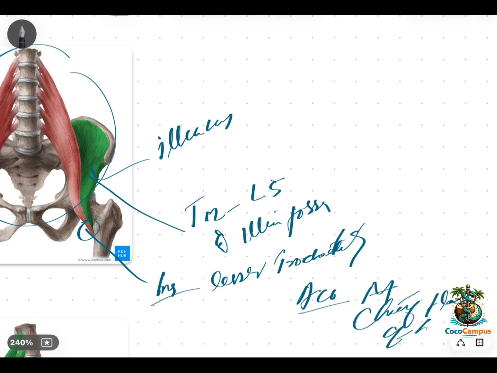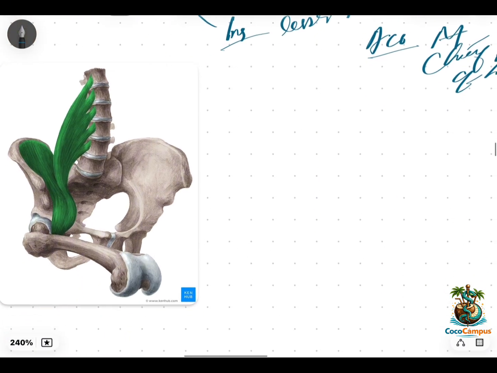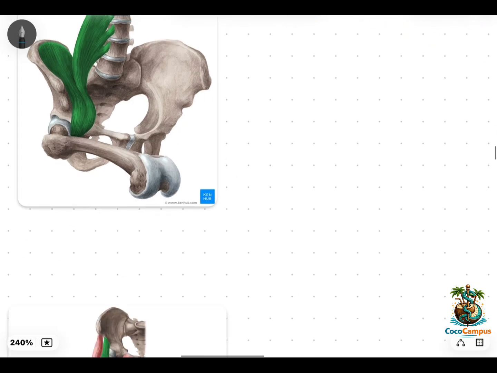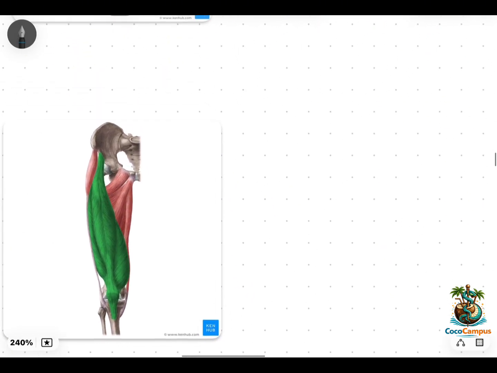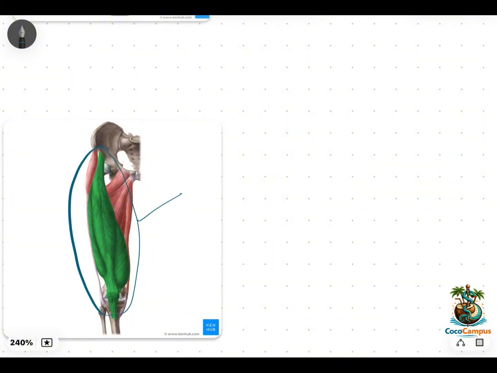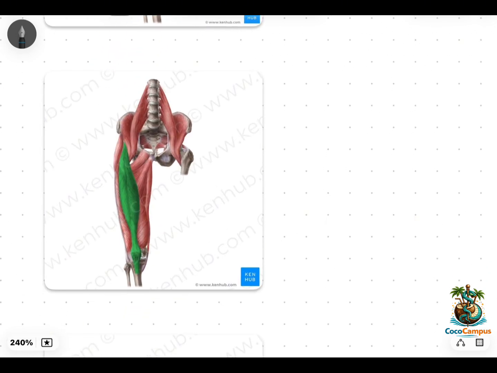Let us move on towards the next muscle, which is part of the quadriceps. Here you've got four muscles, right? So the first muscle is rectus femoris.